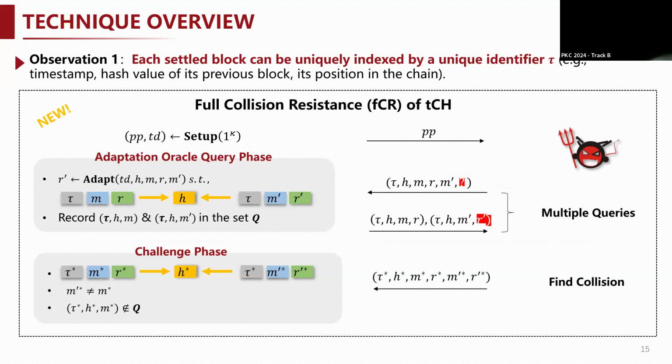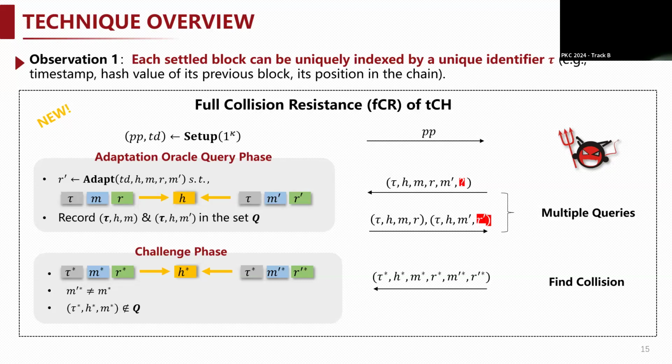More precisely, in the security experiment, the adversary can make multiple adaptation queries to ask the challenger to adapt the hash value of m to the hash value of m prime with respect to tag tau, and gets the corresponding randomness r prime. We use a set Q to record the tag, hash, message tuples.